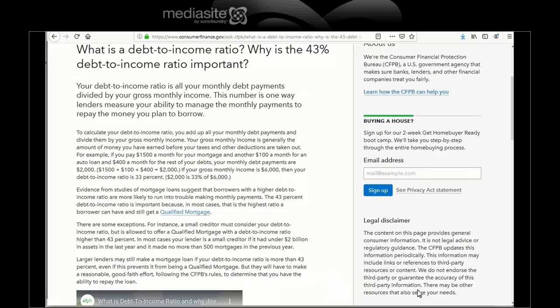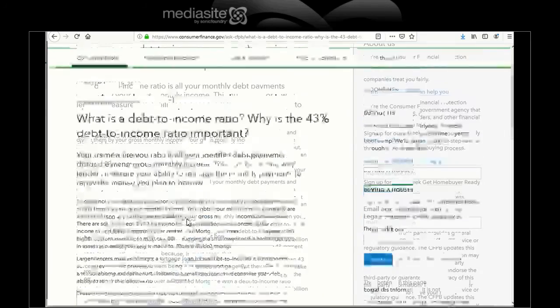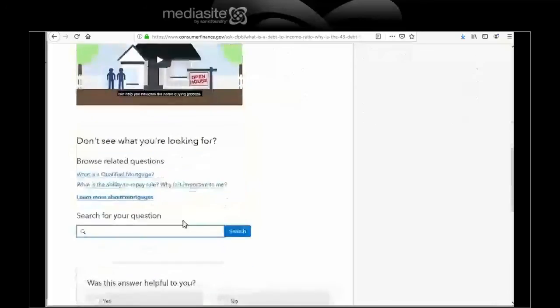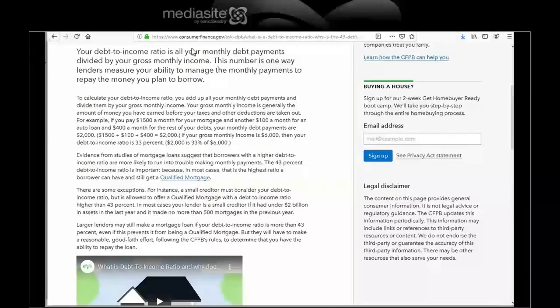One thing in the article we need to get out of it, though, is the equation. To calculate your debt to income ratio, you add up all your monthly debt payments and divide them by your gross monthly income. So total debt divided by gross monthly.